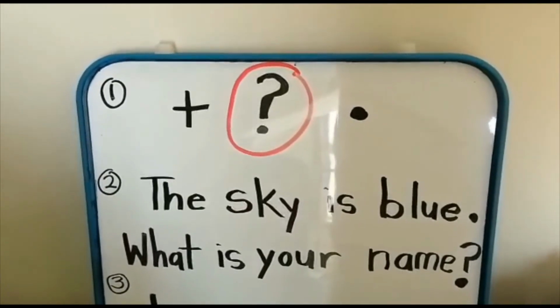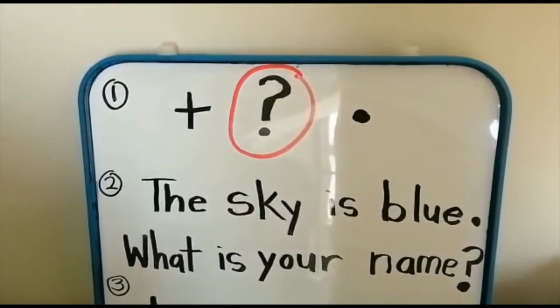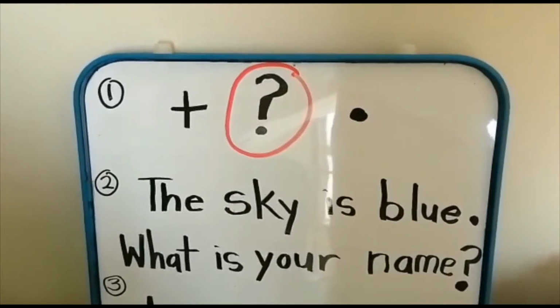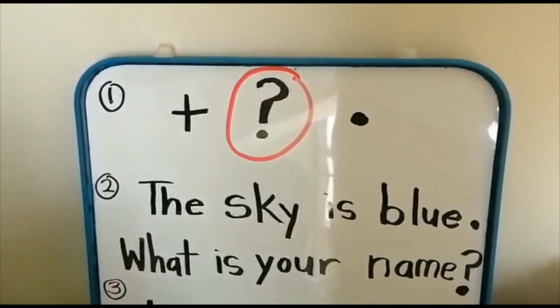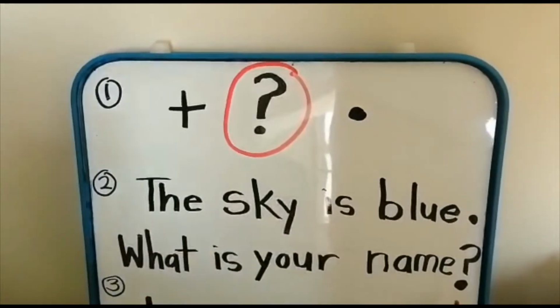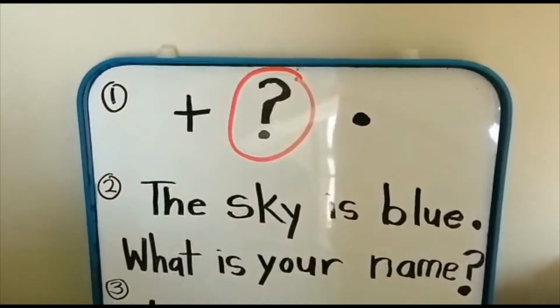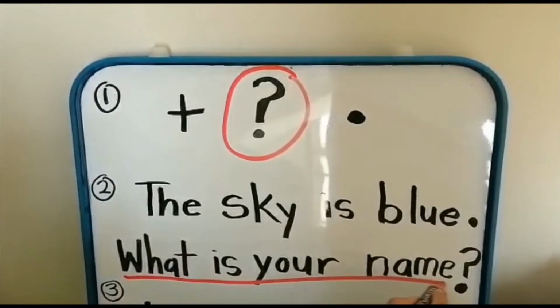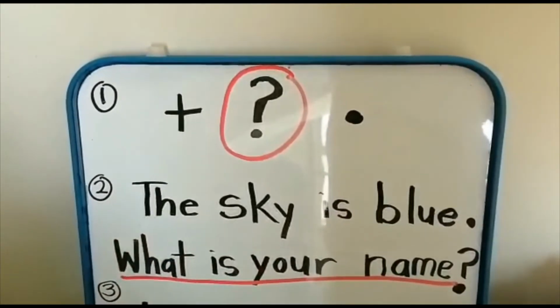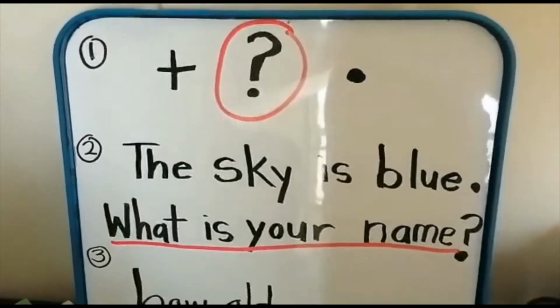Yes. Am I asking you something? Yes. Let's look if it's a proper question. Does it begin with a capital letter? Yes. Does it end with a question mark? Yes. So we have to underline our question. Good. Now let's look at number 3.